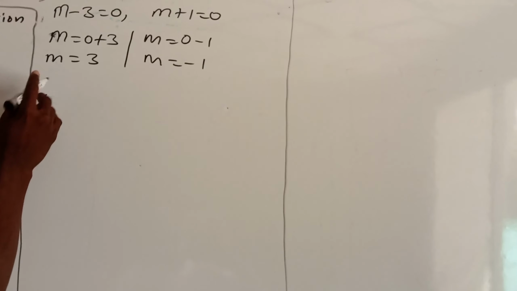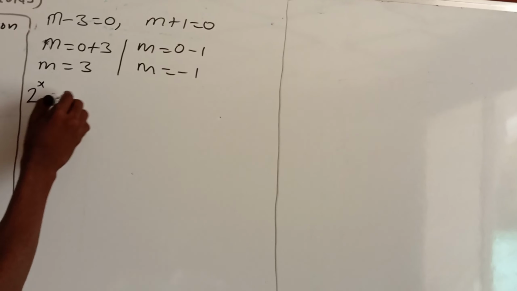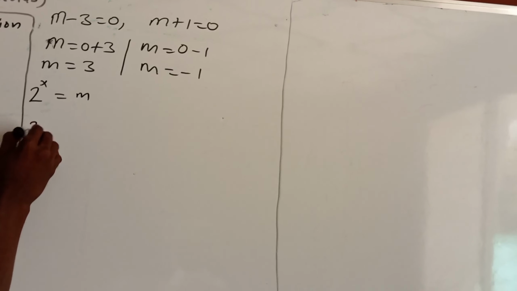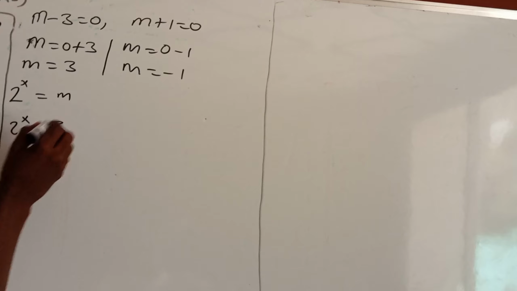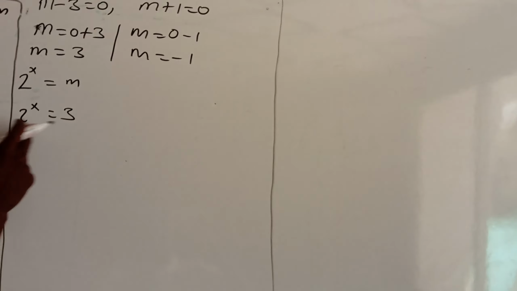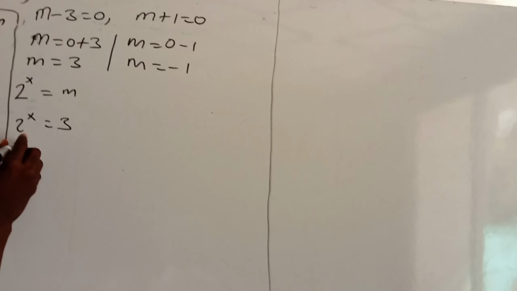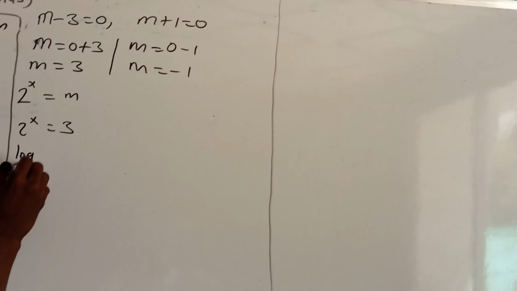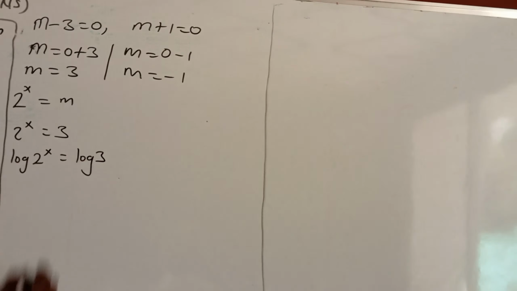Initially, we let 2 raised to the power x equal to m. So here, the value for m is 3. So in this case, they have no same base, so you apply log on both sides. Are we getting it? You apply log on both sides.